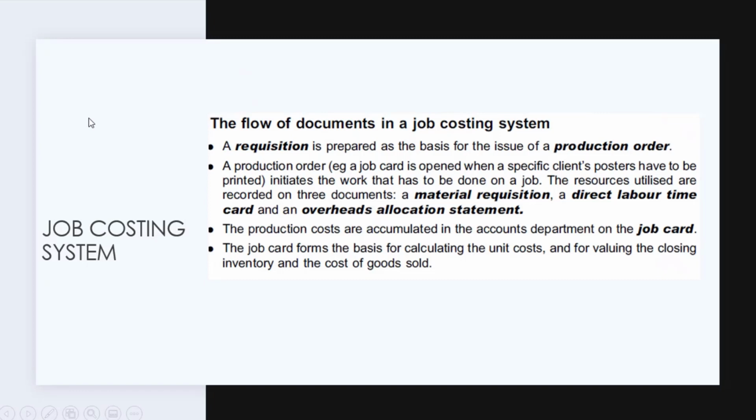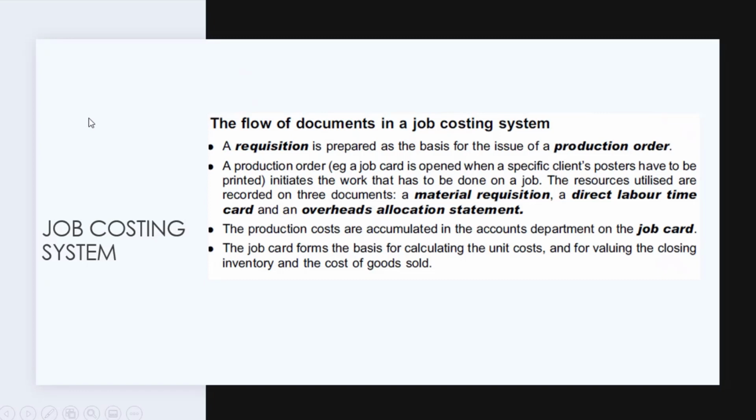Those are the 3 documents that will fall under this production order to ensure that they've covered everything: they know the specific materials that will be required, they've opened a job card for direct labor, and also an overhead allocation statement. Okay. And this would be for that specific order. It's for one specific order.